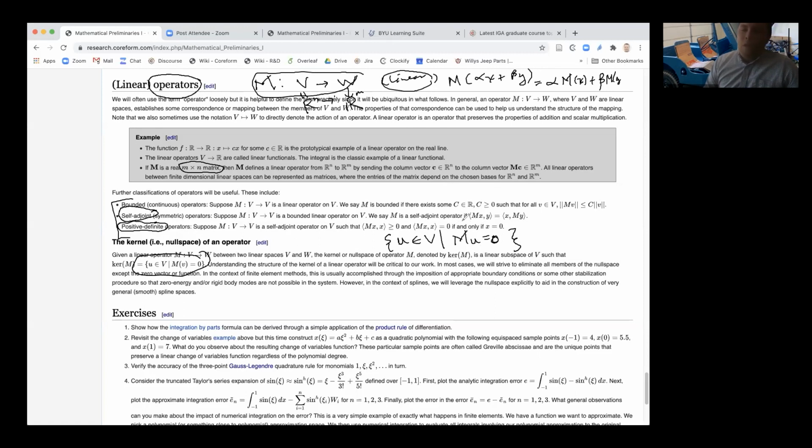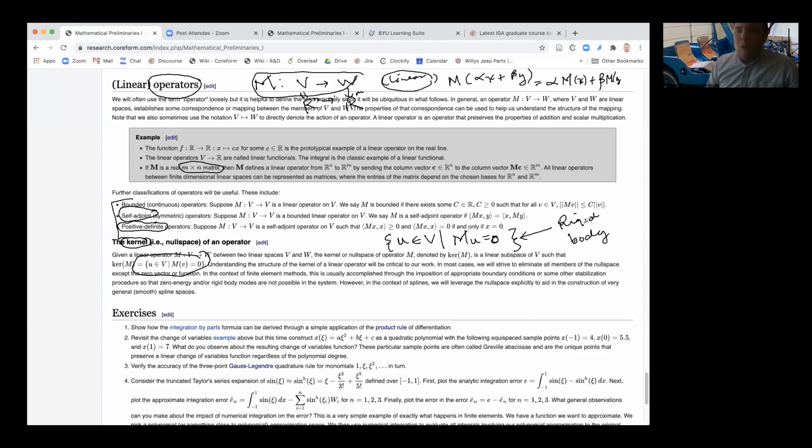Okay, so any structural analyst has dealt with the kernel of an operator. And you tell me where you do this all the time. Any of you who have ever run a quasi-static simulation have dealt with this. You're removing the rigid body modes. Rigid body modes is one way we talk about this.